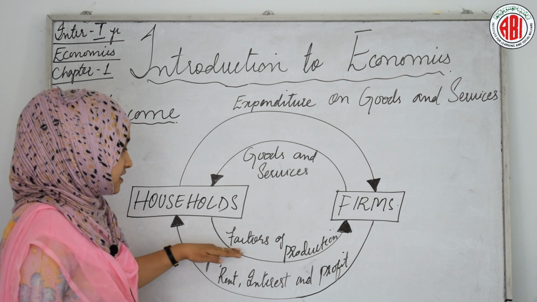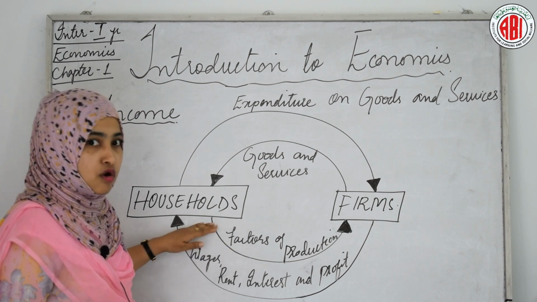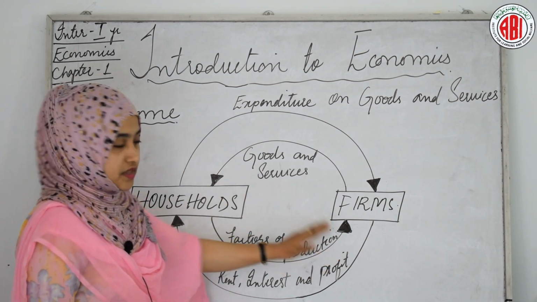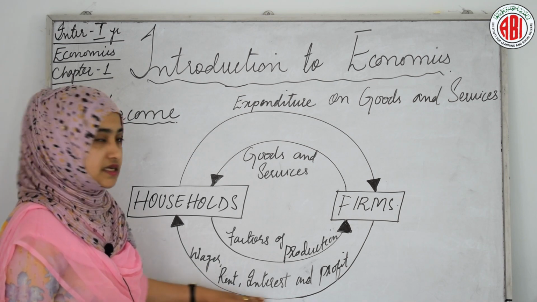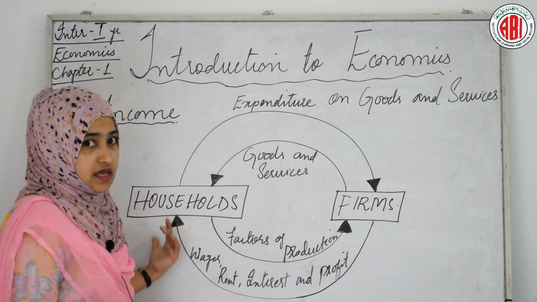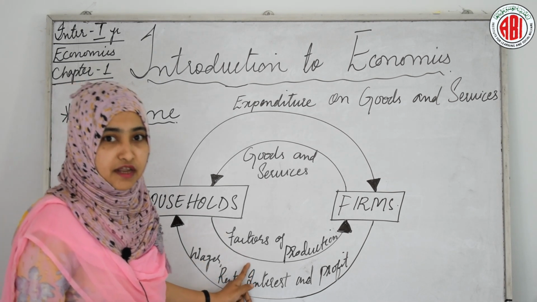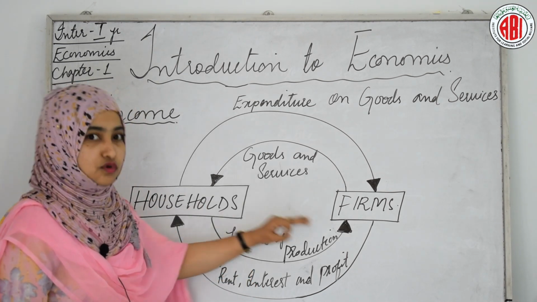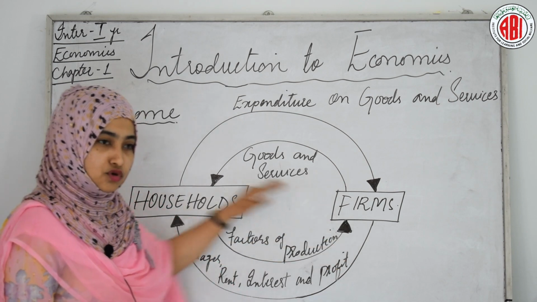Then the factors of production go from households to firms, and wages, rent, interest and profits go from firms to households. This is the circular flow of income.